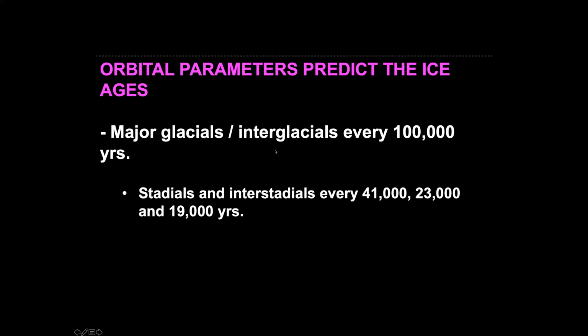That's where we are now. A stadial is a warmer period, and an interstadial. So these are like minor events that happen at smaller time intervals. Notice 41, 23, and 19,000 years. These are all due to these orbital parameters.